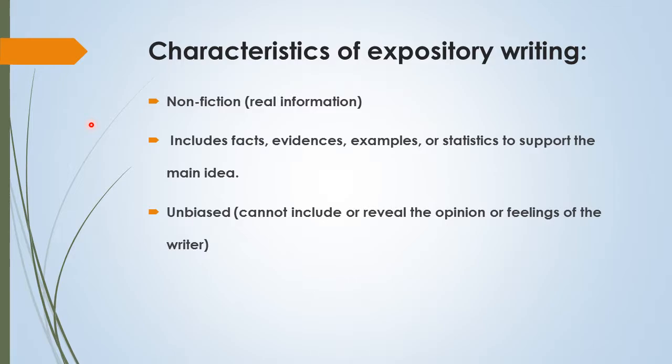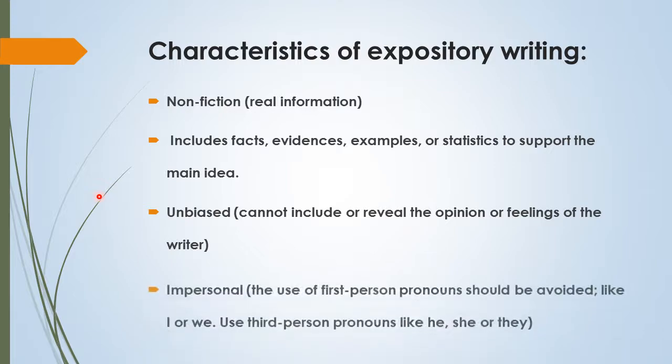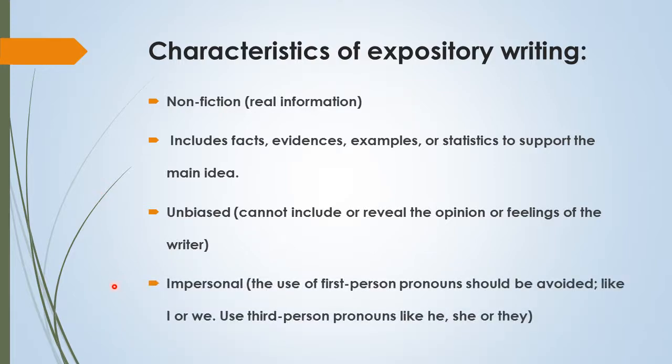Unbiased, which means that it cannot include or reveal the opinion or feelings of the writer, because he or she must write only the real information, whether he or she likes it or not. So it must be impersonal, which means not personal. So the use of first person pronouns should be avoided, like I or we, and you must use third person pronouns like he, she, or they.